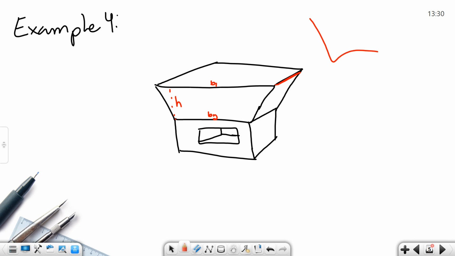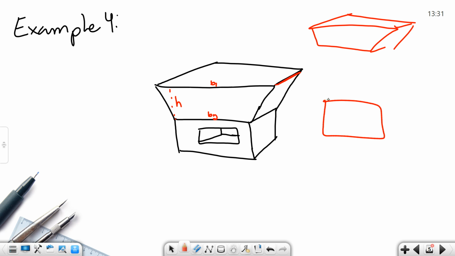But like I said, we're going to break this into its components. So we have our trapezoidal prism, we have our rectangular prism, and then we have that smaller rectangular prism that is cut out.